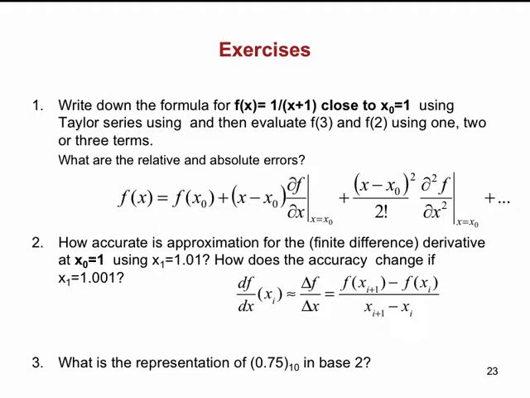So what is the error I'm making? If I take this approximation, which is very crude, it's just a constant, I'm going to make an error of the absolute value of 1 over 2 minus 1 over 3. Okay.